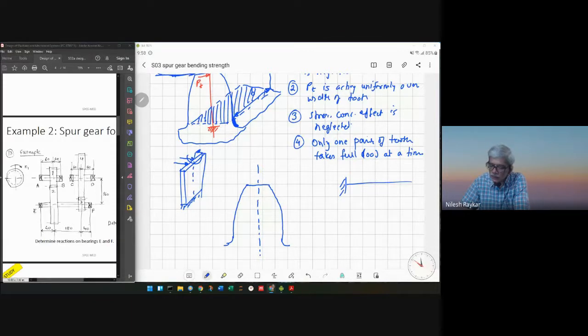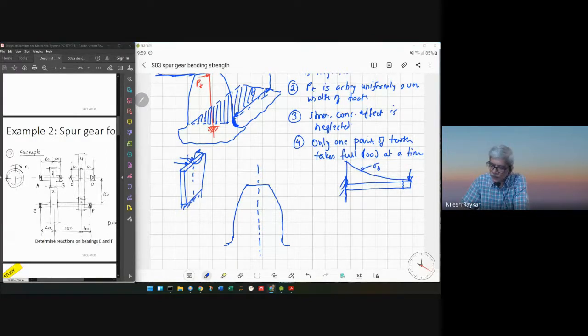If you consider an entire cantilever beam of the same cross section, the bending moment is small in this region, whereas it is highest in this region. If you plot the stresses, they will be 0 at this end and higher at the other end. That is the bending stress distribution.